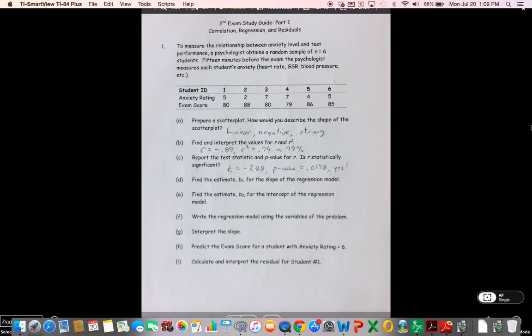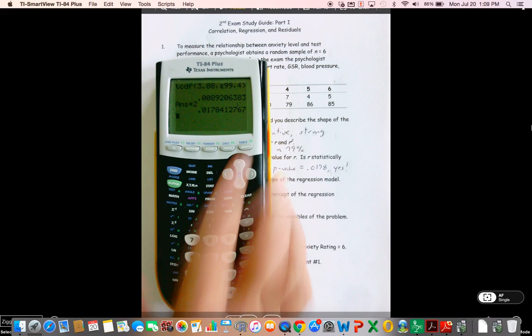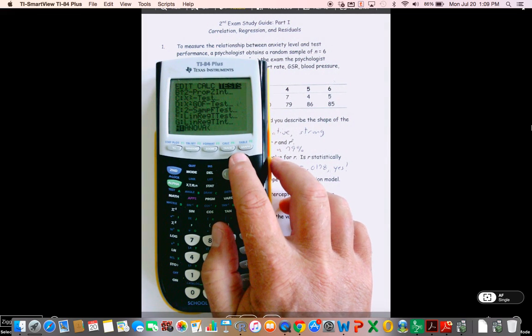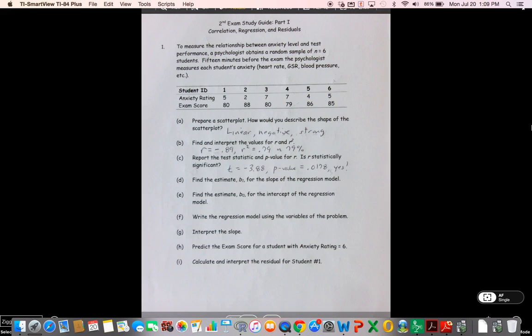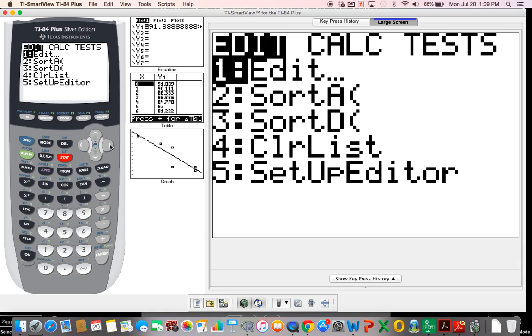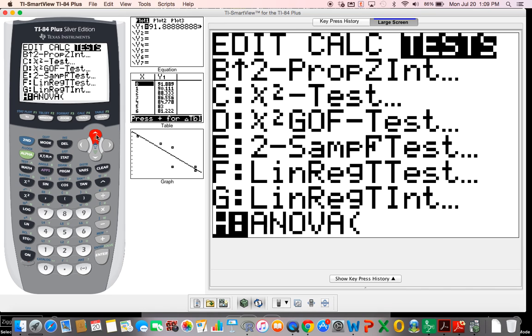Now, find the estimates B0 and B1, actually B1 and B0. This is super easy. Got your calculator, use it. Well, wait a minute, I put the information in the other calculator. So let's go get that.